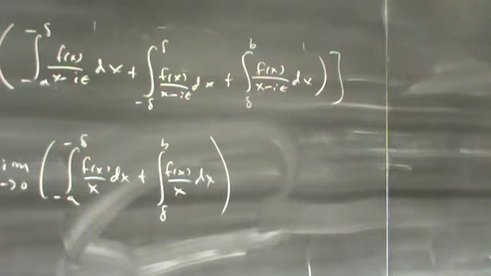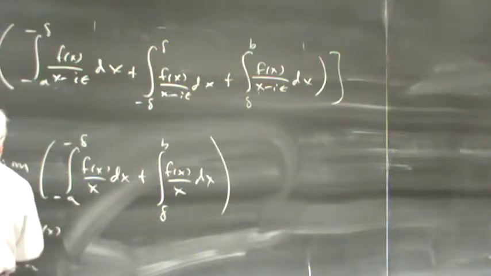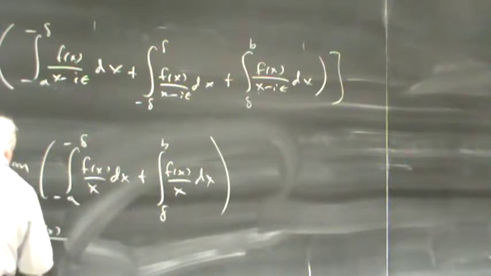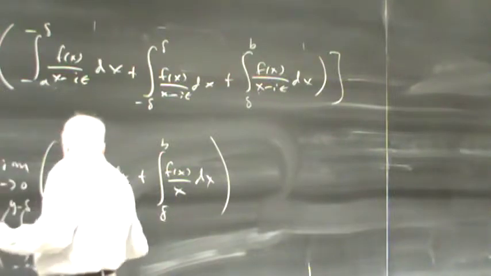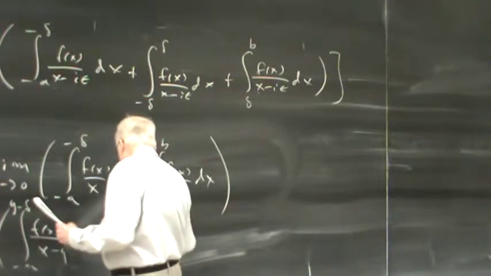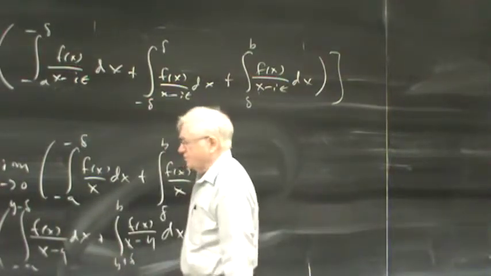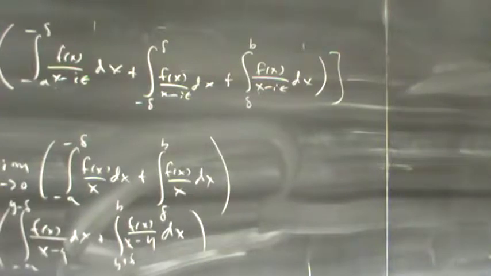Well, this is again the limit delta going to 0 of the integral from minus a to y minus delta of f of x over x minus y dx plus the integral from y plus delta to b of f of x over x minus y dx. Okay, so the principal part of a more general integral with y is defined in the same way, except that you just shift from 0 to y. So that's the principal part.